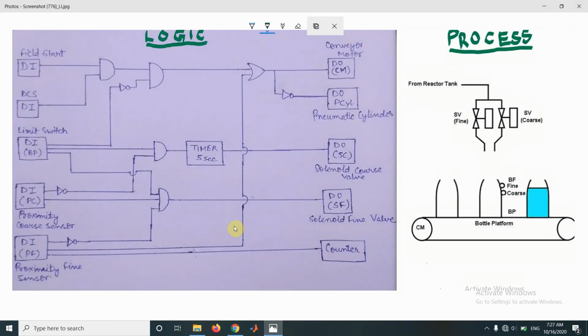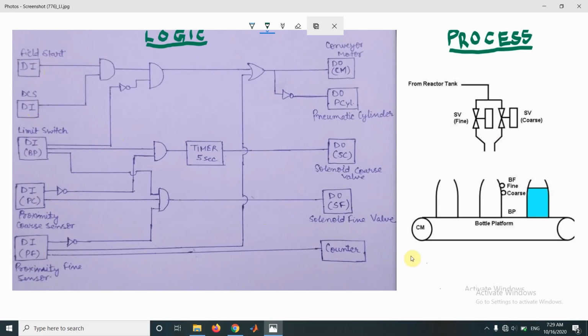Now here I have drawn the logic circuit diagram as well as the process diagram side by side so that we could understand both the logic circuit and what is actually happening in terms of process simultaneously. Now as the process starts, command is required from the field operator as well as from the control room through DCS.